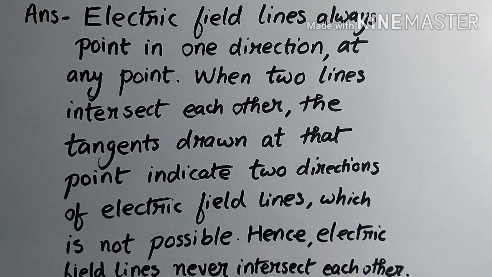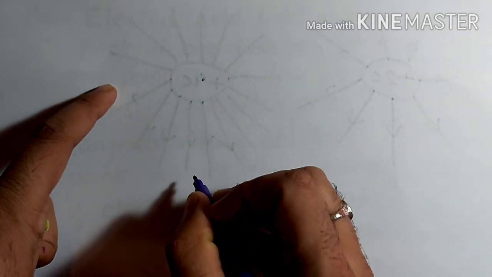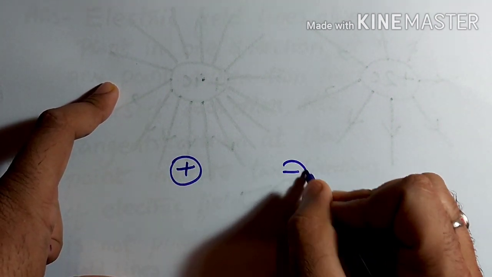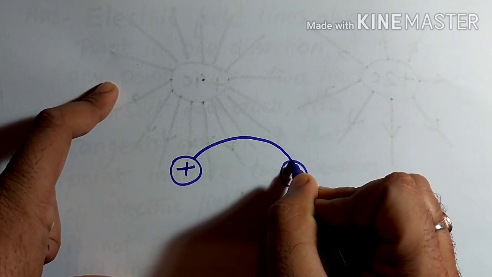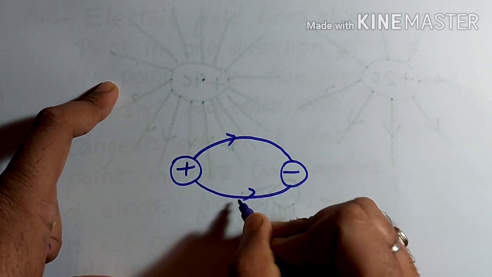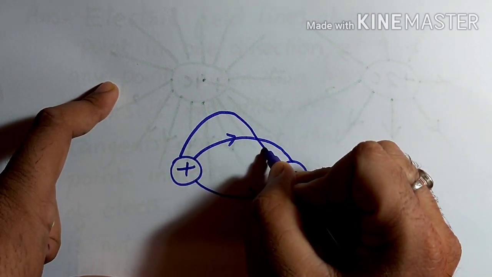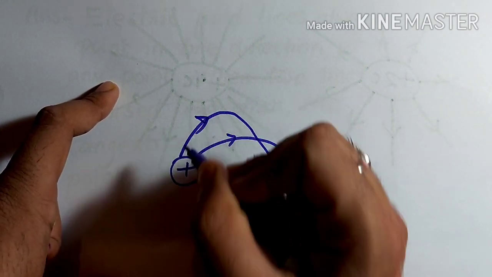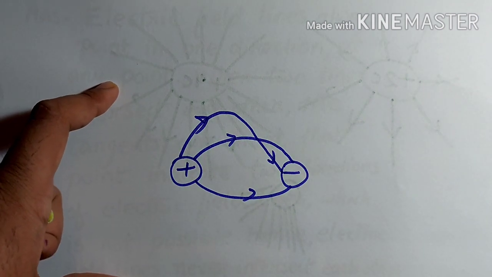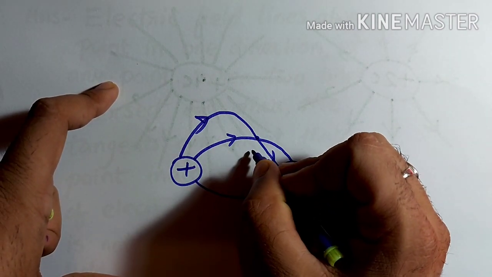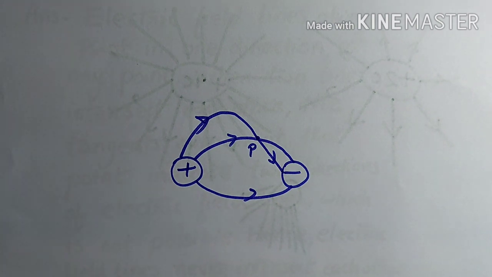How? Now, if I draw a tangent along like this one, suppose this is a plus and this is a negative charge, and suppose here is an intersection, consider like this, which is not possible, but I am saying like this, and we need to determine the direction of electric field at point P. Now, what is the direction?